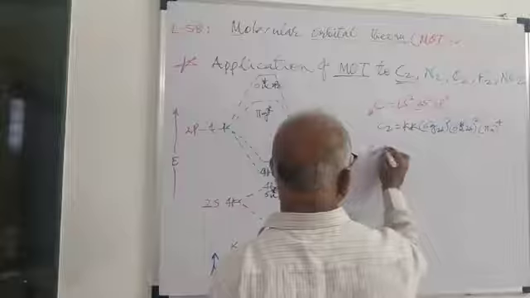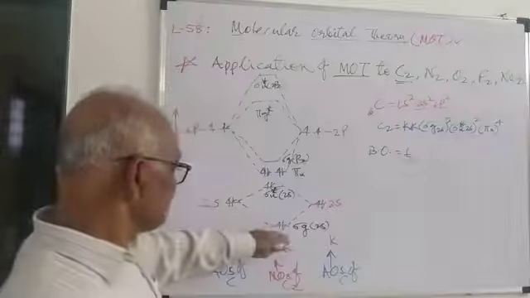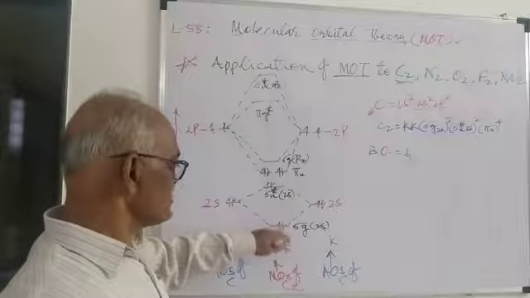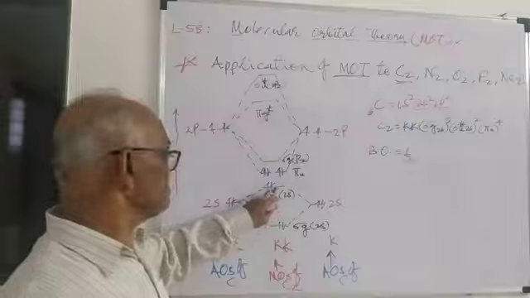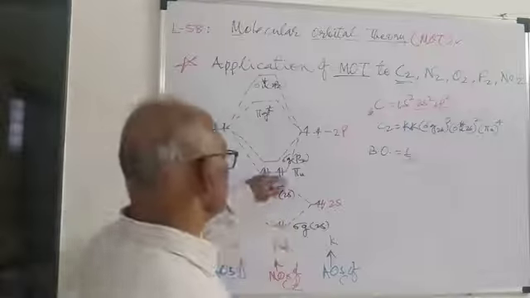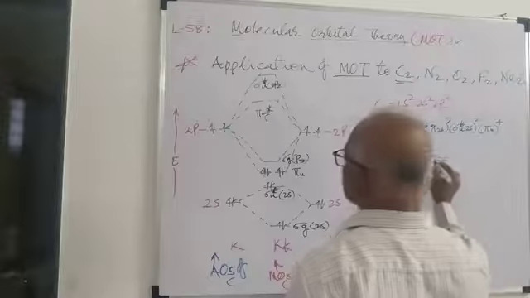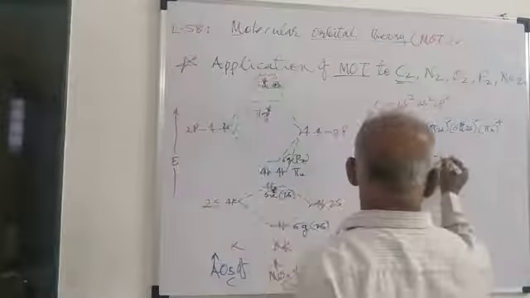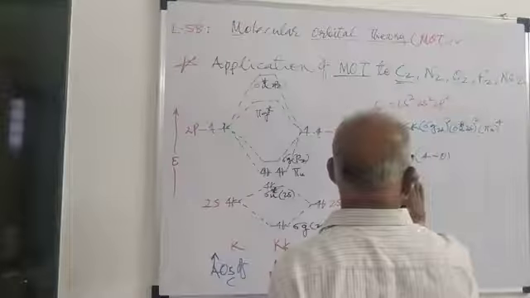Now we can find the bond order. We can cancel these 2 electrons, because one bond is created and this bond is lost because of these 2 electrons. Now we consider only the remaining ones for calculation: there are 4 electrons minus no electrons in antibonding MOs, so it gives a bond order of 2.